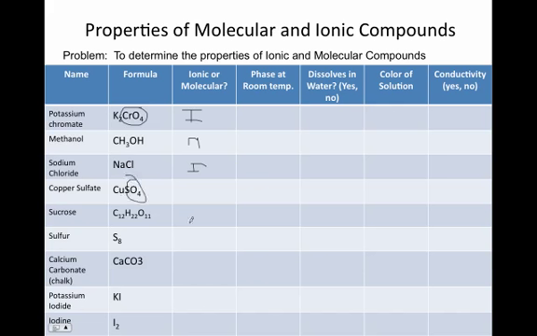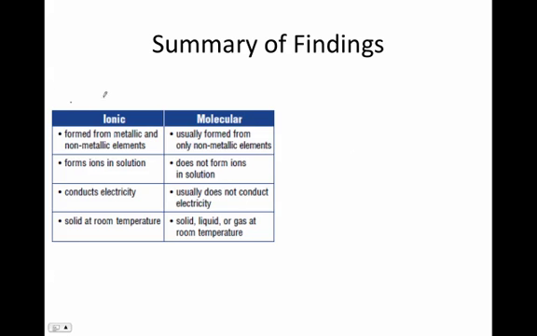All non-metals, so this is molecular. All non-metals, molecular. Metal, non-metal, ionic. This is one of those diatomic molecules, so it's molecular. And when we did all these tests, what did we find out?